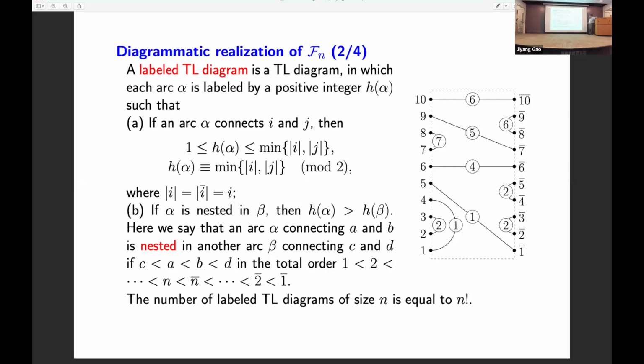In this example, this arc is nested in these arcs, so 1 is smaller than 2. Also, this arc 6 to 6 bar and 9 to 7 bar is nested, so this level is smaller than 5. But this arc 1 to 4 and this arc 5 to 1 bar are not nested, so we can allow 1 and 1, the same levels.